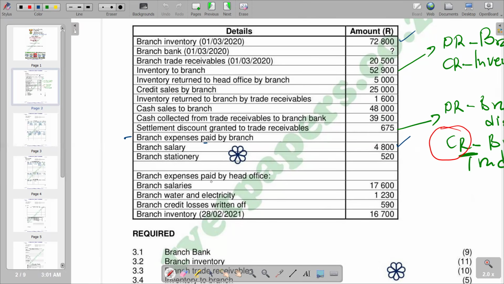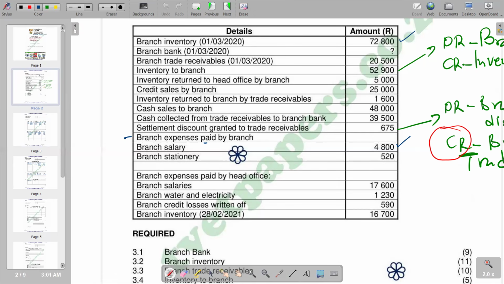But if the question asked us to prepare the branch profit and loss, we would put them according to the matching principle, because the expenses belong to the branch, so they have to be allocated to the branch. But in the bank account, we are not going to include them because the bank account is prepared on a cash basis: what was actually paid by the branch bank and what was actually received by the branch bank. These expenses were paid by the head office, so we're not going to include them.